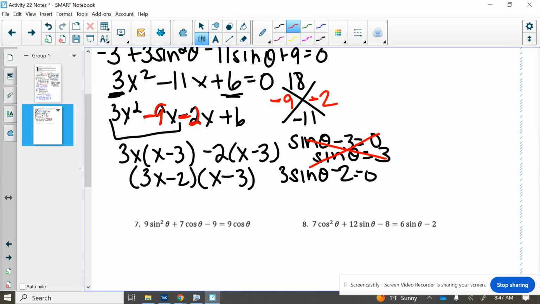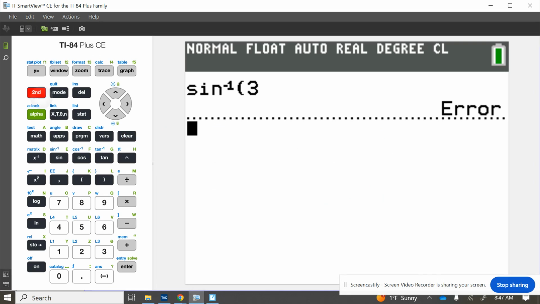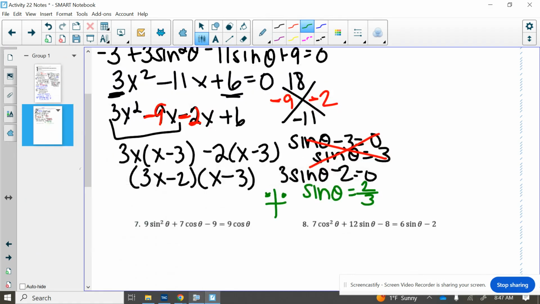factor, okay? The second factor, though, when we set that equal to 0, add over the 2, divide by 3, we want where is sine equal to positive 2/3. So we know that's going to be in quadrant 1 and quadrant 2. Our theta value this time is going to be about 41.8 degrees.